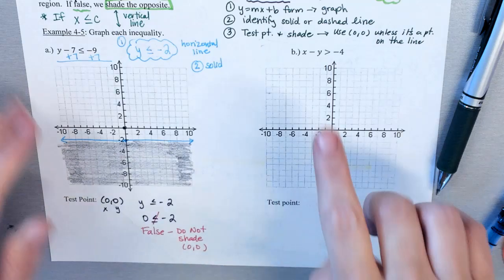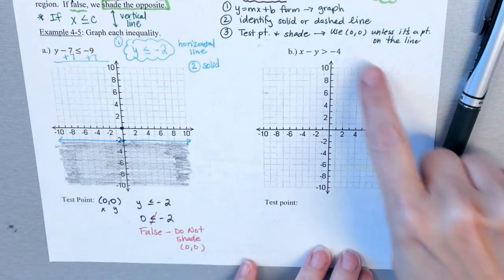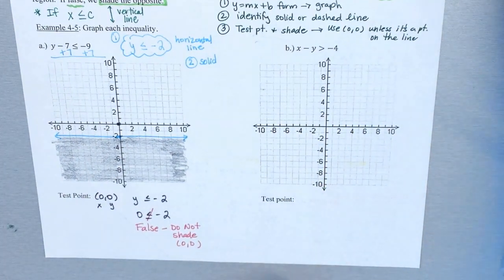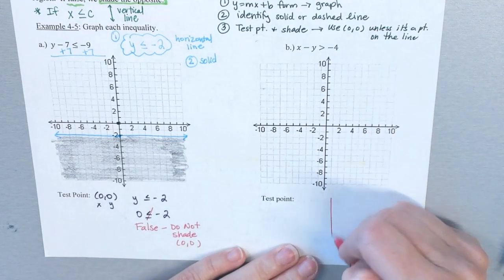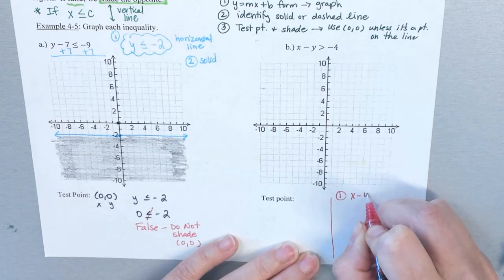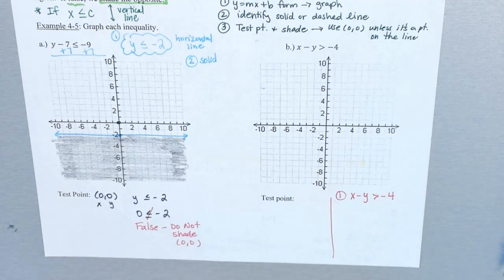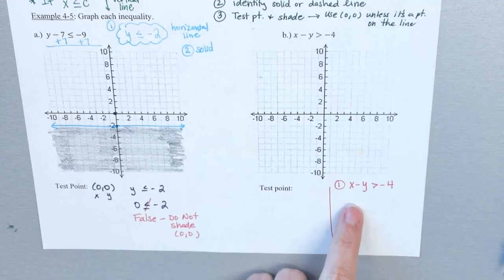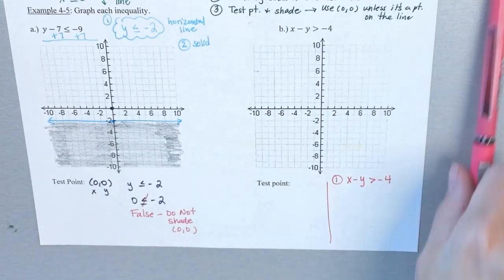All right, so for part B, there's not enough room here to solve, so let's do that over here. So step 1, I want you to do the first couple steps and put this in the form y equals mx plus b.